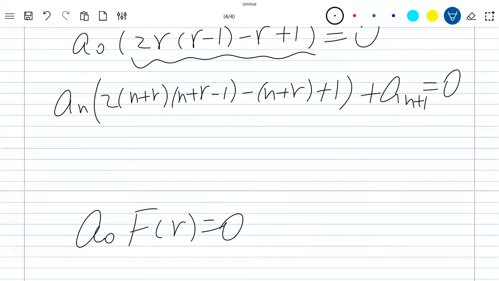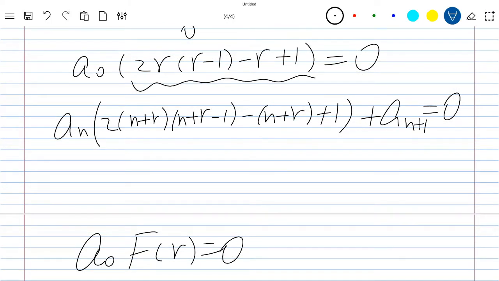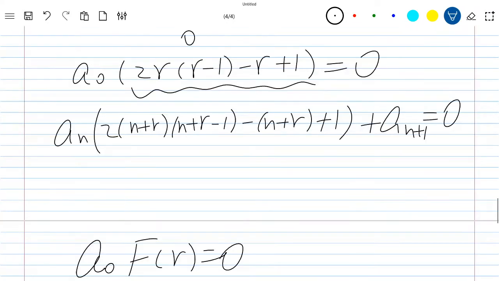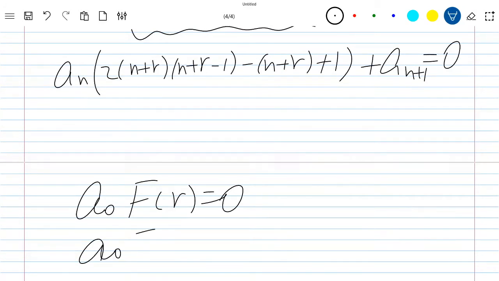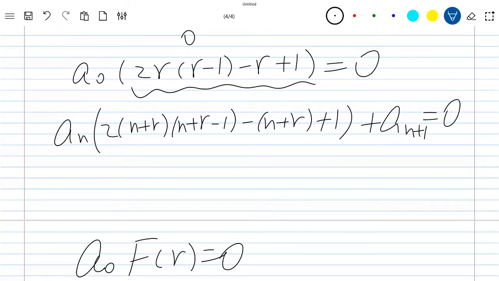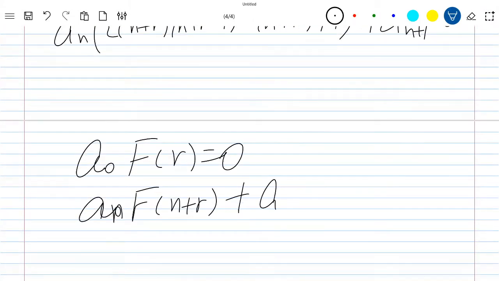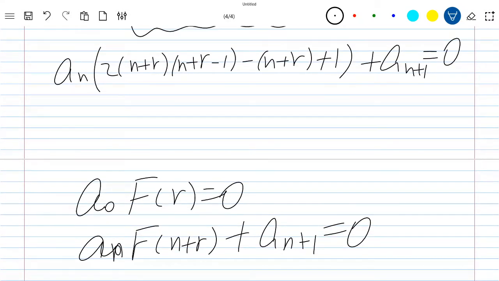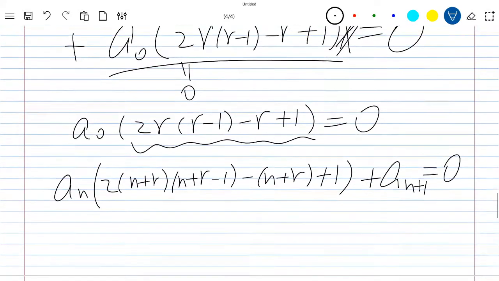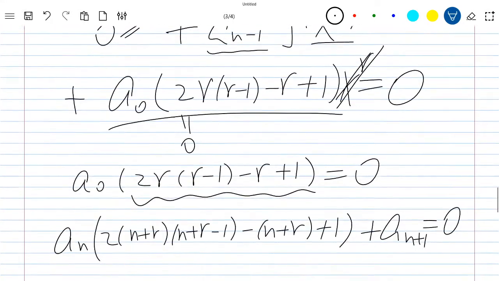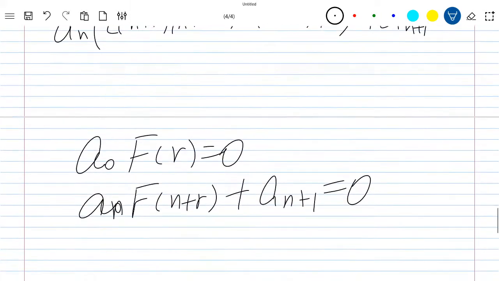And this is n plus r. And then the second term, you can write out an times f of n plus r, right? You see here, compare the two equations. You can see all of the r is replaced by n plus r. So this simply says this. Oh, plus 1. Sorry. Is it plus 1? No, it's minus 1. Sorry. It's minus 1.